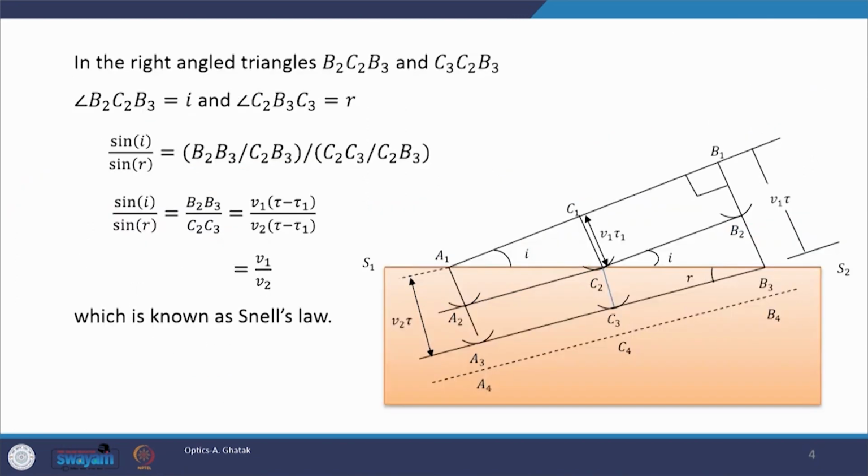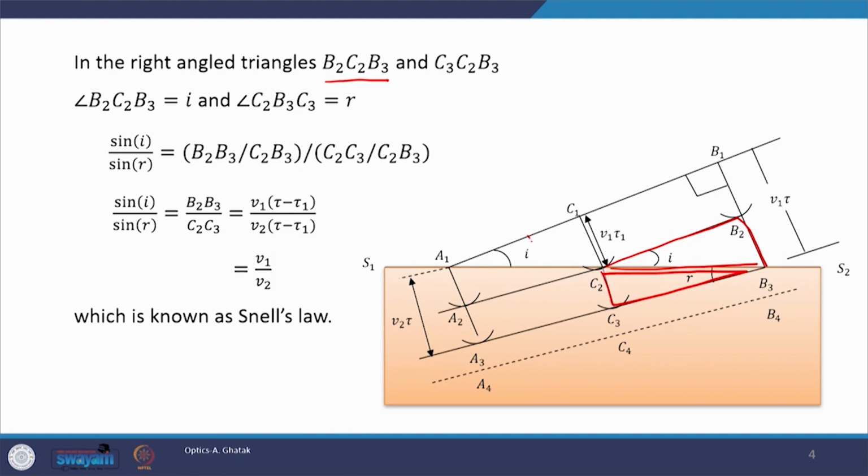Now let us consider two triangles. The first one is B2 C2 B3, and this is our second triangle, C2 C3 C2 B3 is the second triangle. But before moving ahead, let me point out a few things.